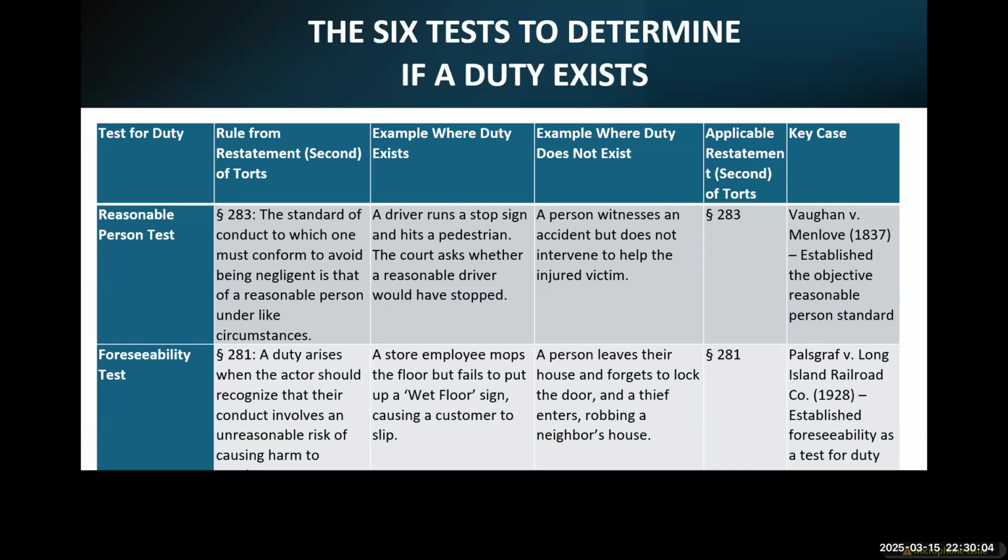When you're testing for duty, reasonable person is the correct answer, but it's the correct answer that more often than not, if you're my student, is going to get you the fewest points because you asked one simple question: would a reasonable person in the defendant's position have acted differently to prevent the harm to the plaintiff in the same or similar circumstances?